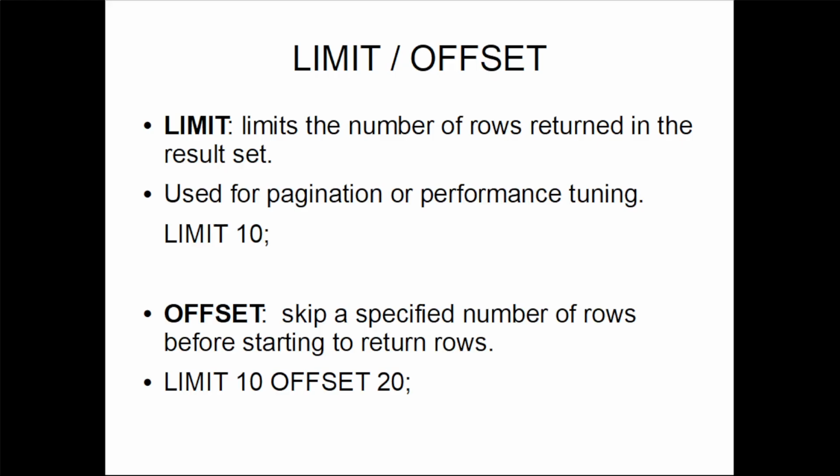However, large offset values can be slow, as the database must still process all skipped rows. If row_count exceeds the number of available rows, limit returns all available rows. If the result set is empty, limit returns no rows. Negative or zero limit values are invalid in most databases.